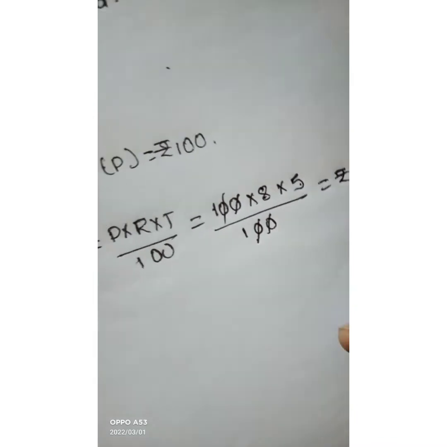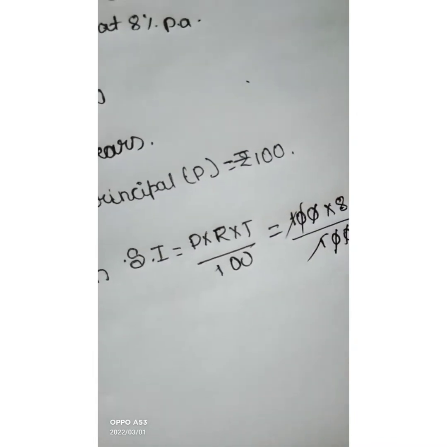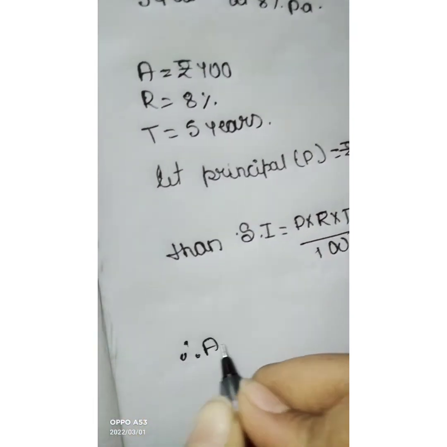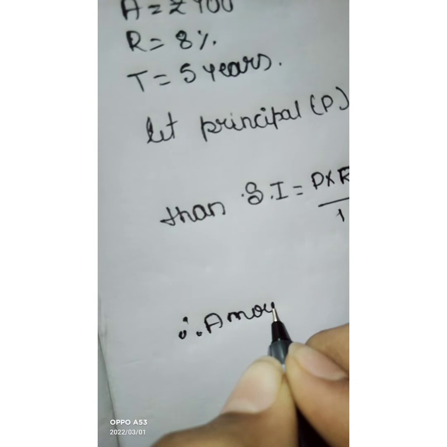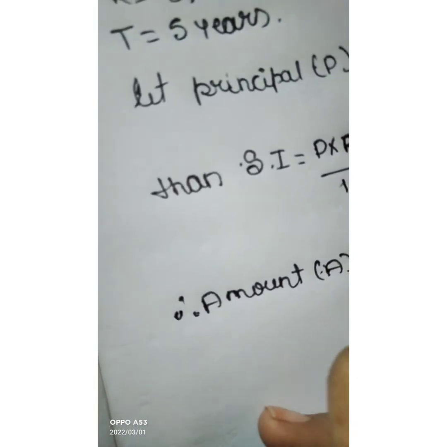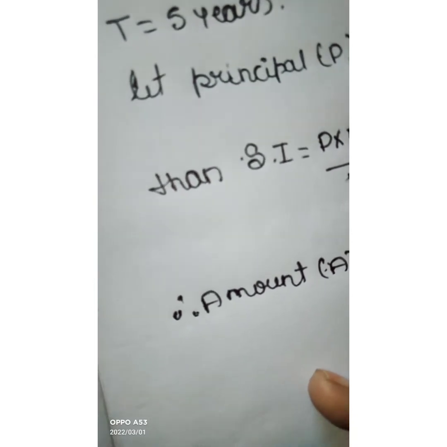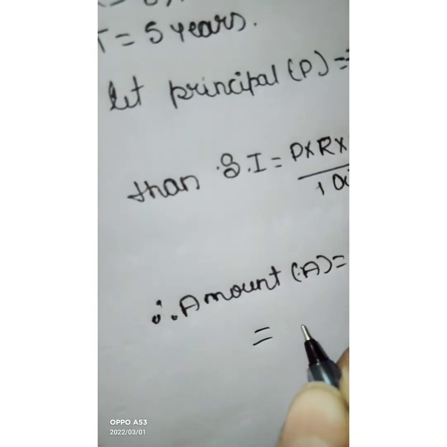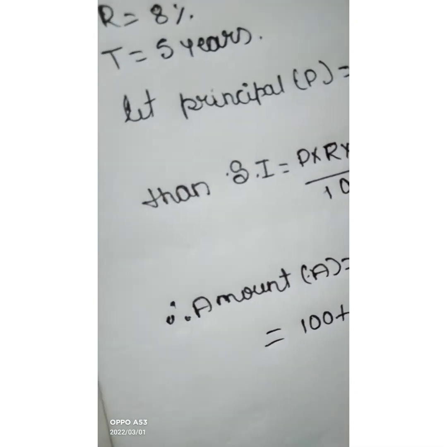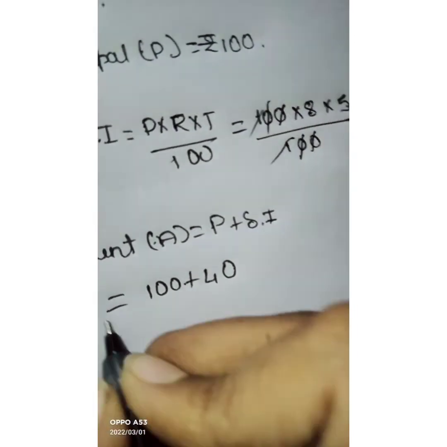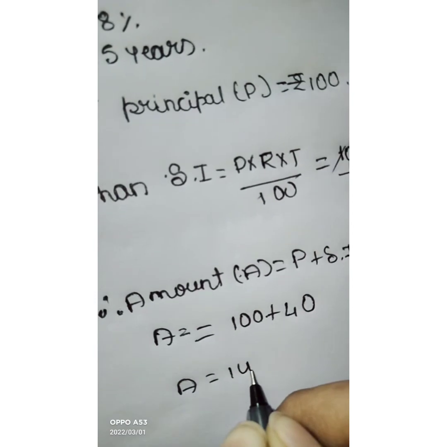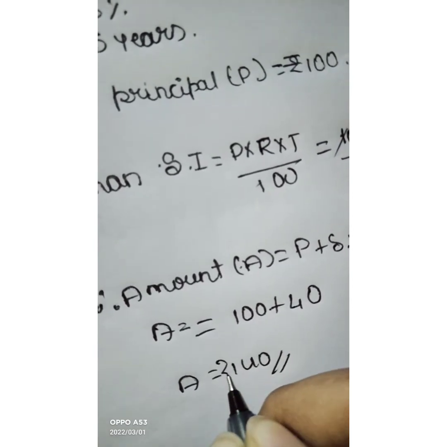But 1 also cancel. Therefore, amount A is equal to P plus SI is equal to principal 100 plus the SI 40. We will get the answer as 140 rupees.